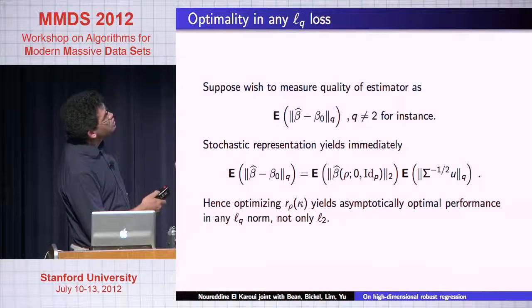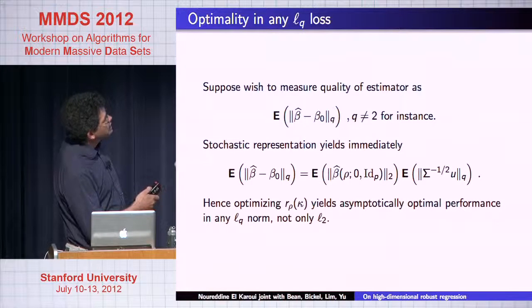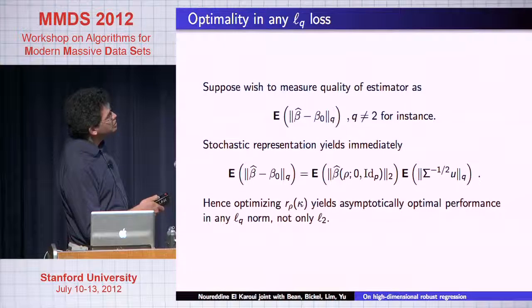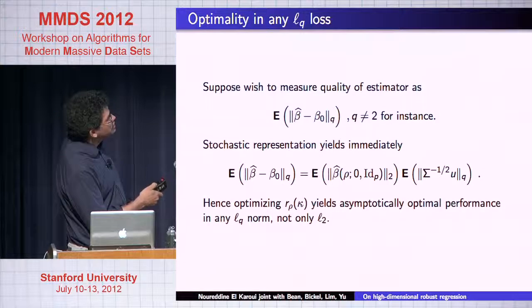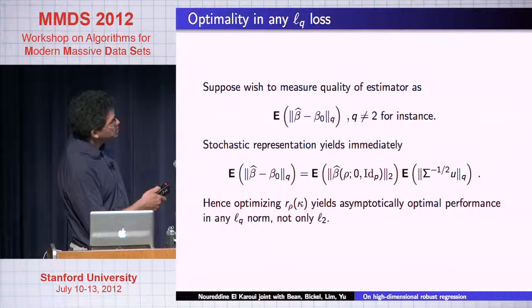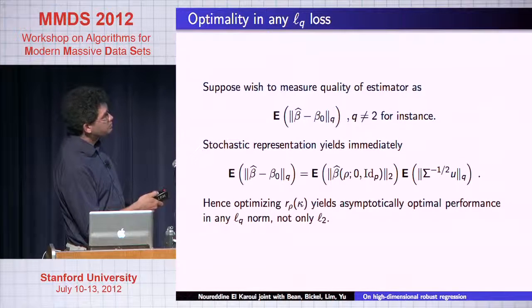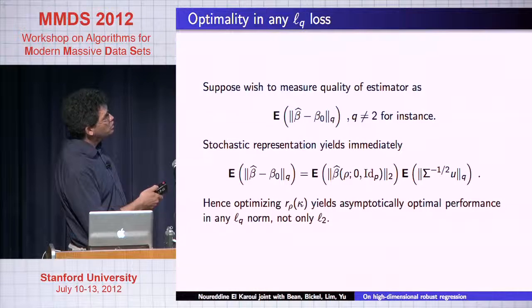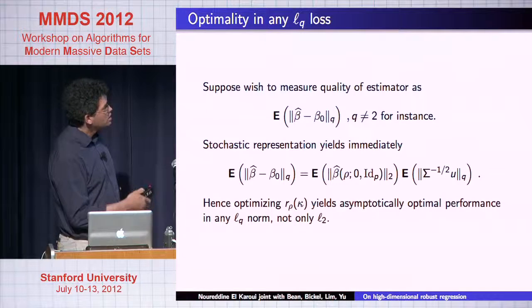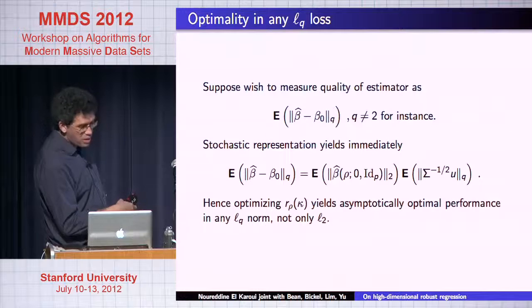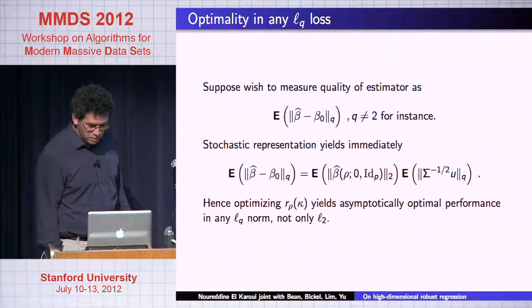For instance, if I look at the L_q norm for q different from 2, the stochastic representation I mentioned before immediately says, by independence of this random variable and this one, and the fact that the thing scales linearly with a constant, that the expectation of the L_q norm is just the expectation of the L2 norm of beta hat for rho, 0, identity, plus something that depends on the angle of your estimate, where now the L_q norm appears. But clearly, if you're trying to optimize over rho, the only thing that matters is the expected value of the L2 norm of the error. So it makes a lot of sense to estimate this r_rho(kappa), and you get optimality in any norm if you can do that.